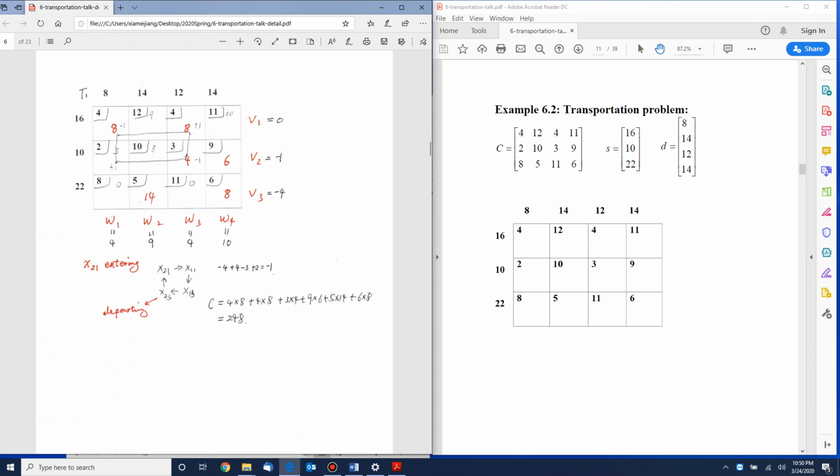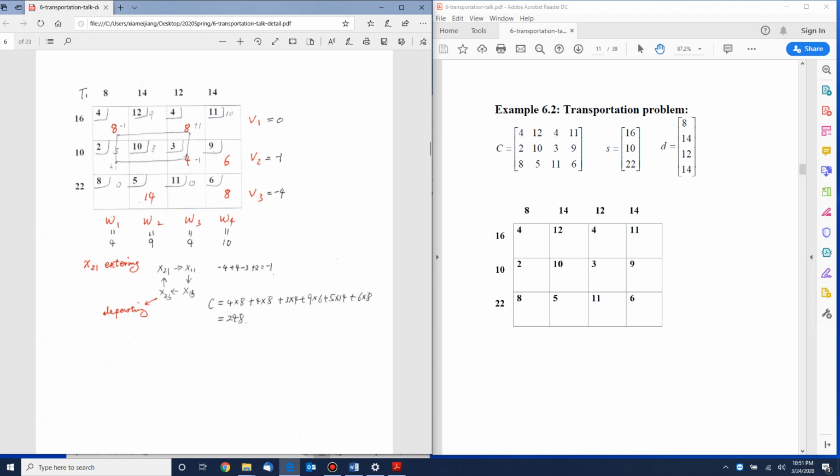So far, we got all the values for all the dual variables. Now we are going to work on the departing variable. For each non-basic variable, we simply add vi plus wj.